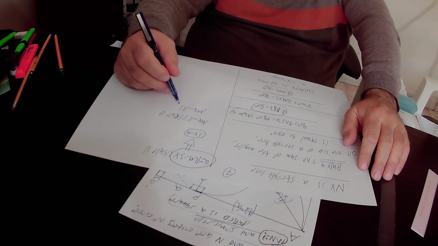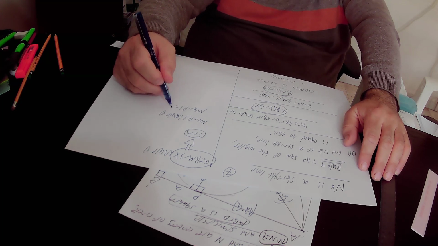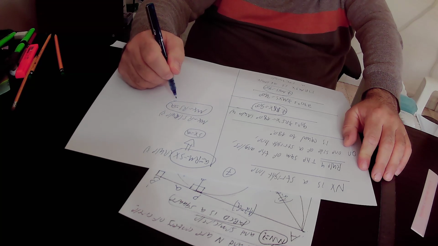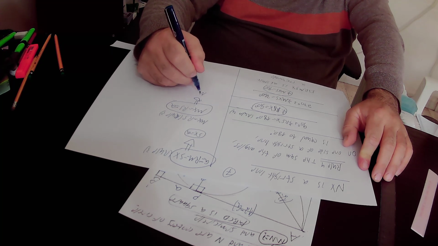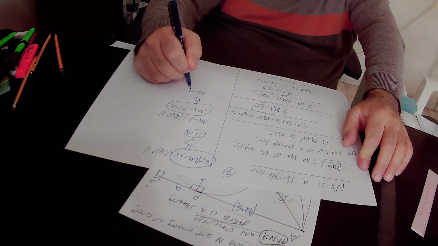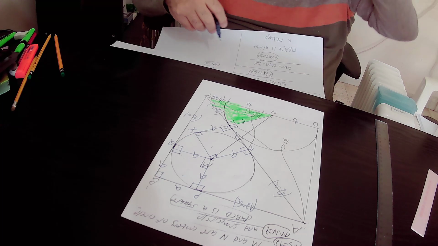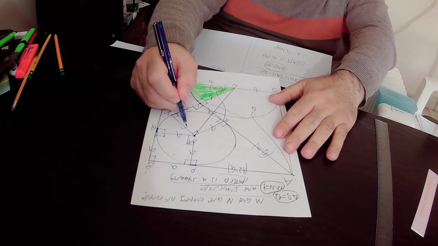But according to what we have already found out, RS equals A. And from this equation, MX equals RS equals A, we will derive that MX is also equal to A. MX equals A. You can write here that MX is equal to A.